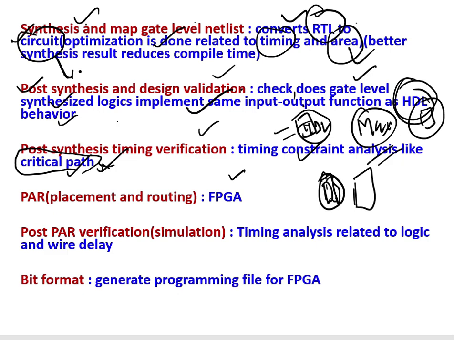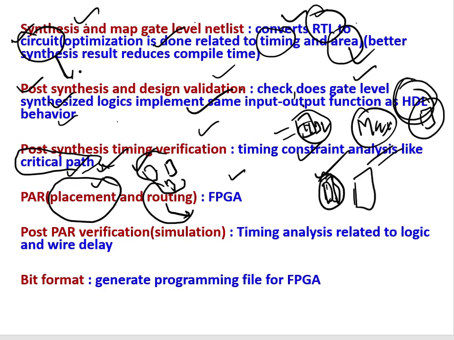FPGA does this internally, and that is a little bit of a secret. But still, placement and routing means blocks are placed in a proper manner, and routed means the signals should be routed properly. Placement is related to area, and routing is related to signaling between these blocks. So this is called placement and routing.